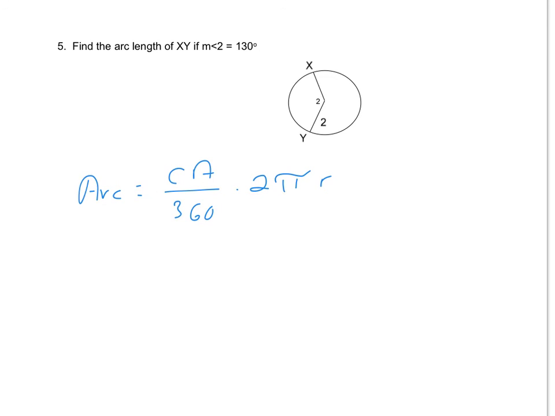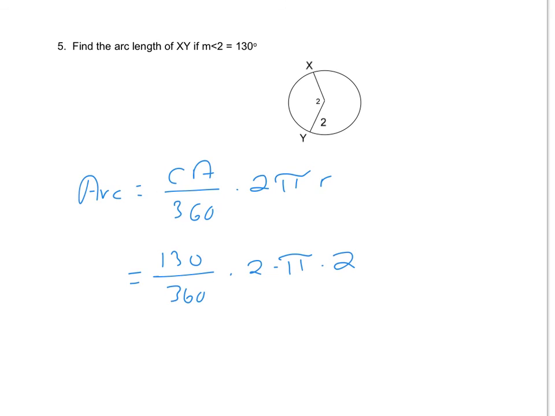My central angle, or the arc measure, is 130. So arc length is equal to 130 over 360 times 2 times pi times my radius, which is 2.